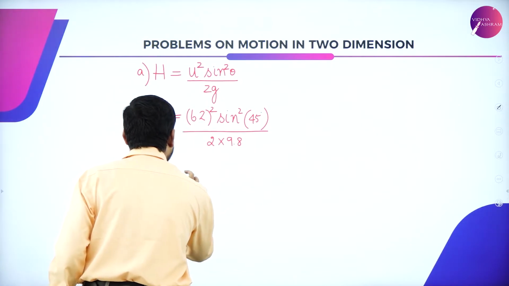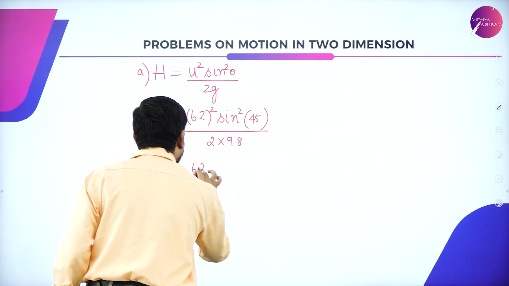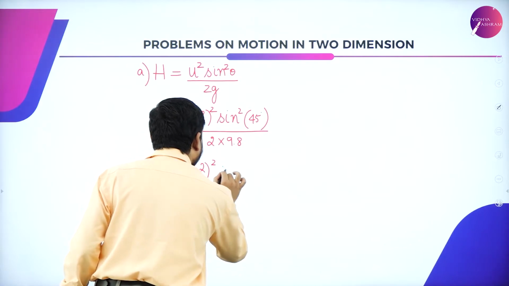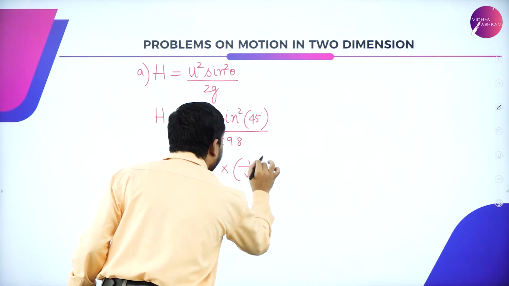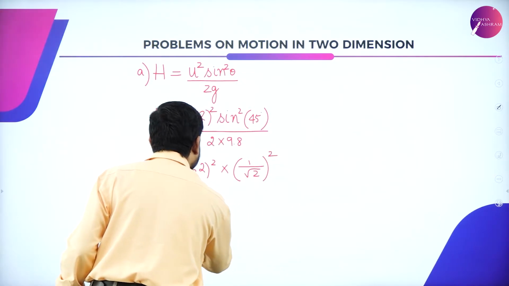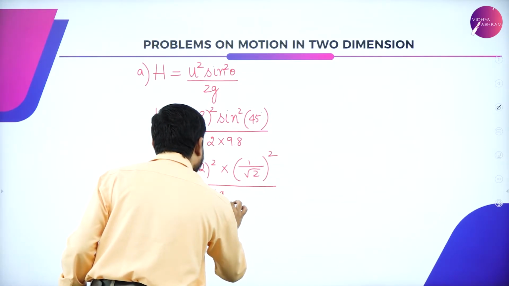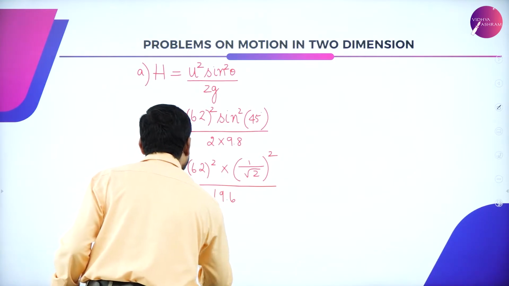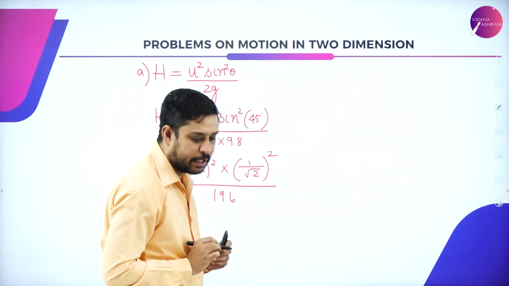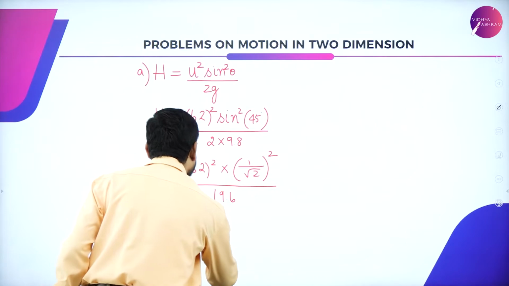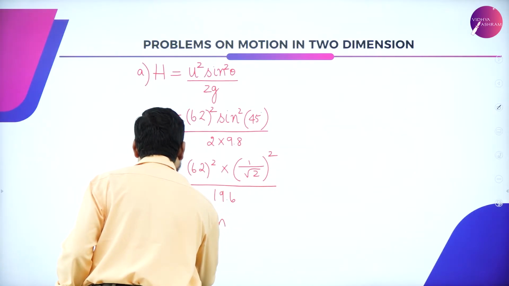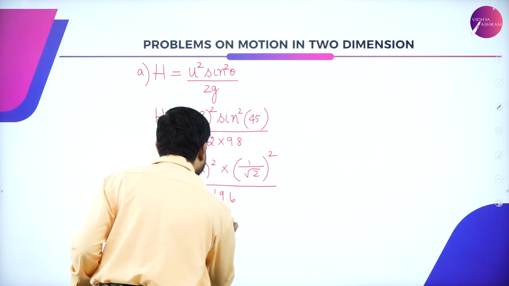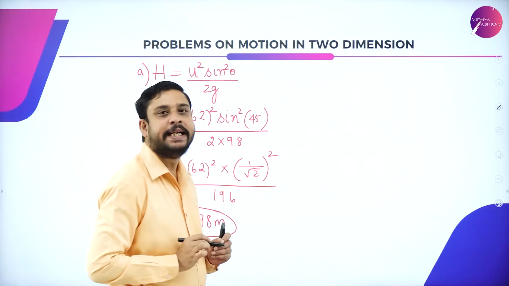So h is 62 square into sin 45, 1 by root 2, whole square by 19.6, which is equal to 98 meters. So the maximum height reached is 98 meters.